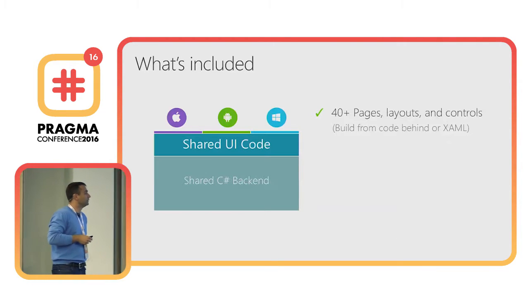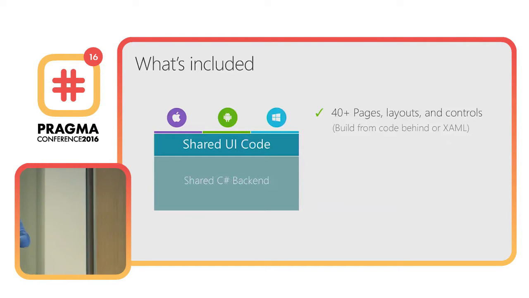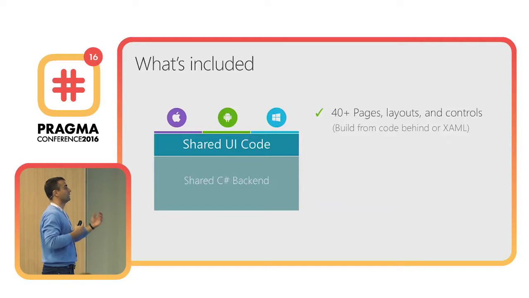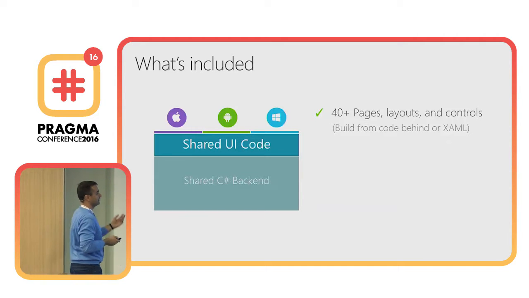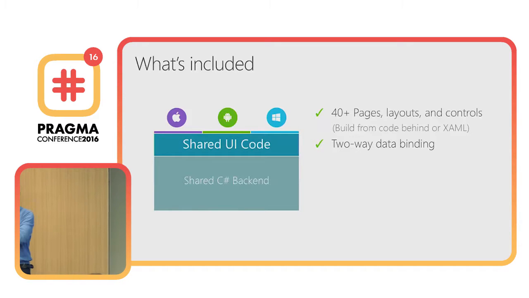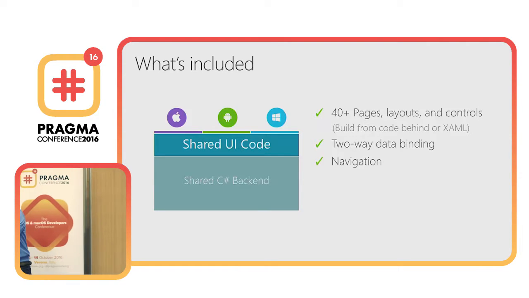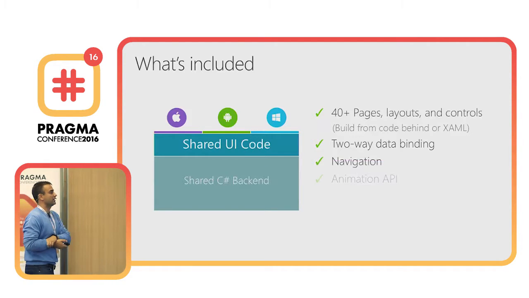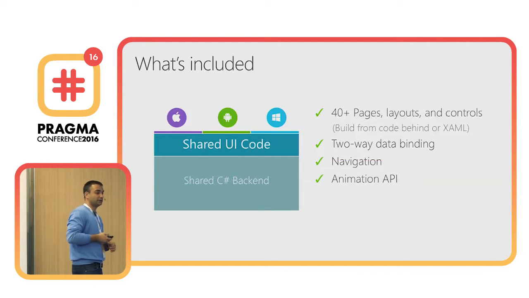So what is included in Xamarin Forms? We have more than 40 objects between pages, layouts, containers, and controls. Then we have very important two-way binding. So we have data binding, bidirectional data binding. We have navigation service. We have animation API.